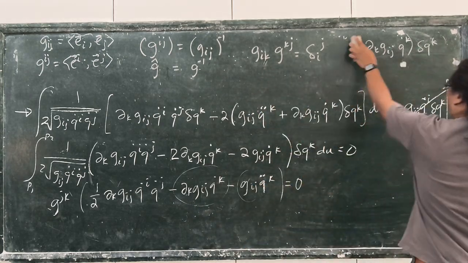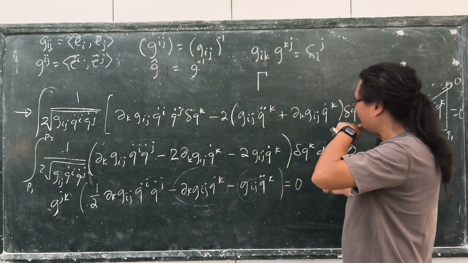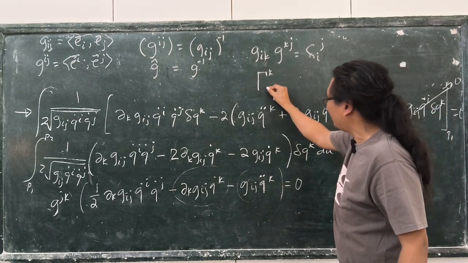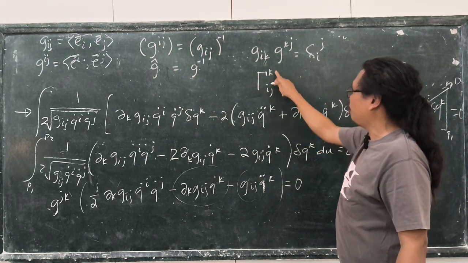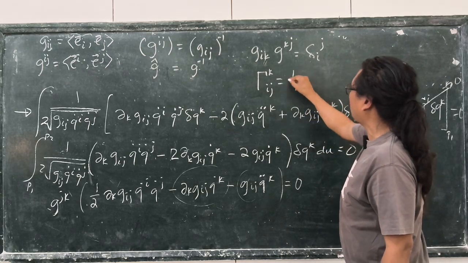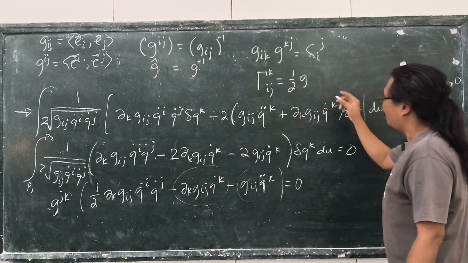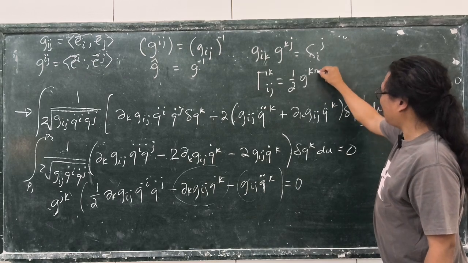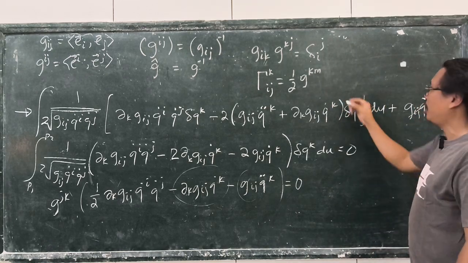Because I want to use this definition, we define this constant with the Christoffel symbol, K, I, J. Now take note of the one. This is defined as 1/2 G, K and then another index. This is a dummy index.